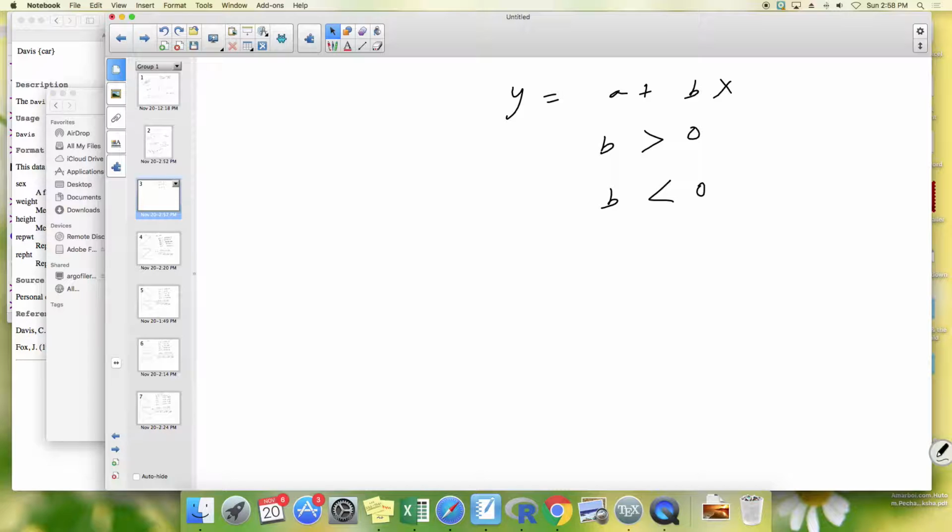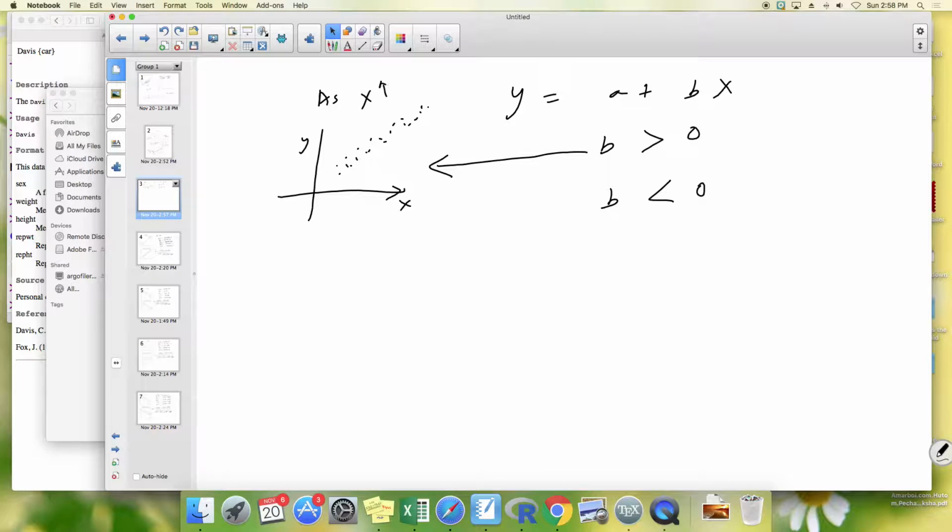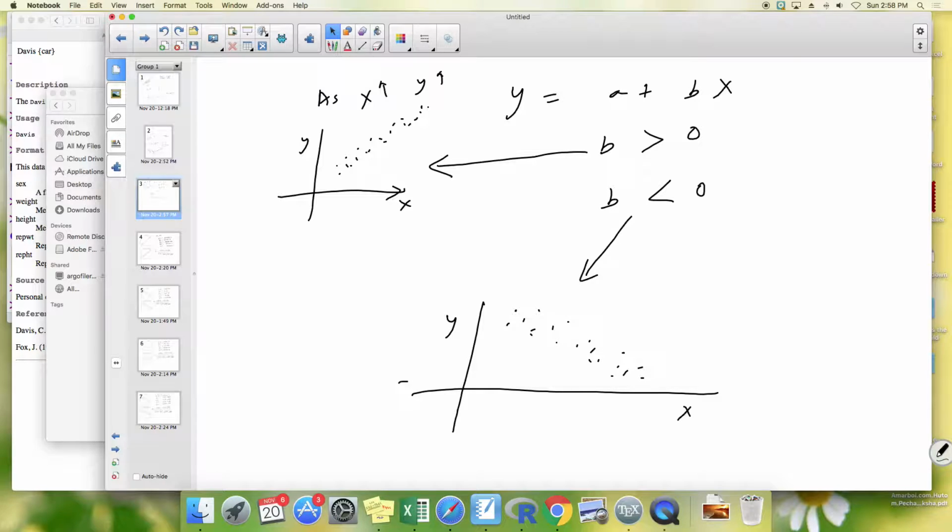So b positive means it looks like something like this, where as x goes up, y goes up. That means as x increases, y increases. And b negative looks like this.